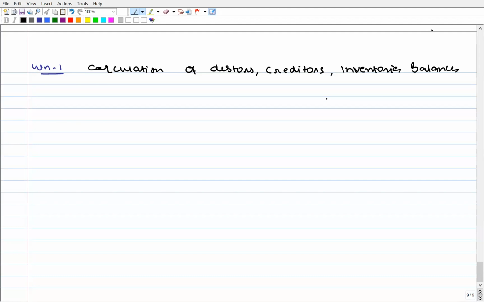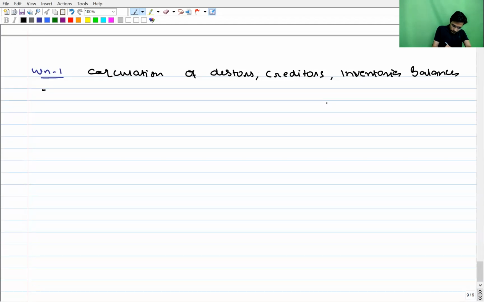So these are the figures which we have to ascertain for both the years, 14 as well as 15. First, we are determining for 2014, and then we will determine for 2015.